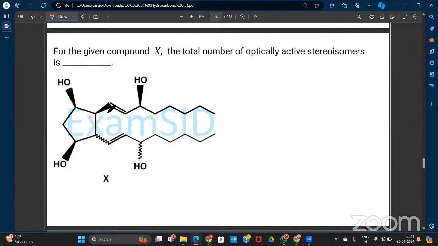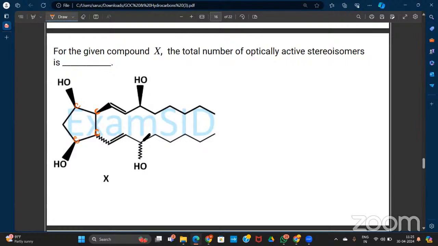And here you have this carbon. So you have to write the optically active stereoisomers. For each and every carbon, if it has a chiral center, then you can write the stereoisomer for it.